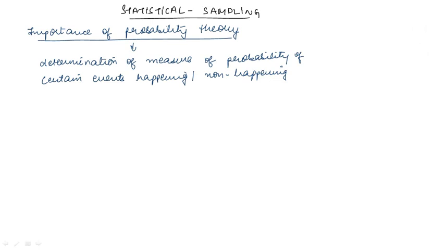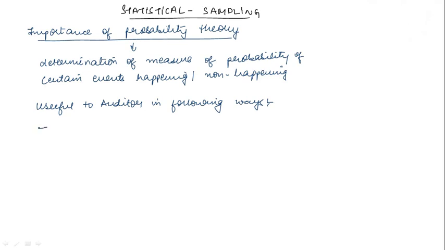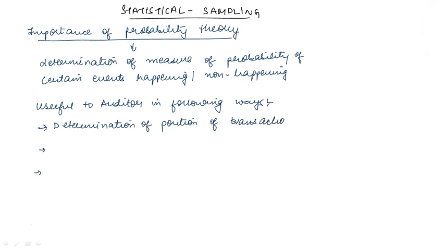So probability theory is useful to the auditor in the following ways. It is the same as the previous topic, but the headings are different. The very first is determination of the portion of transaction verification.